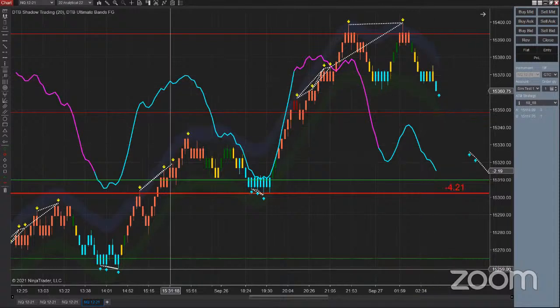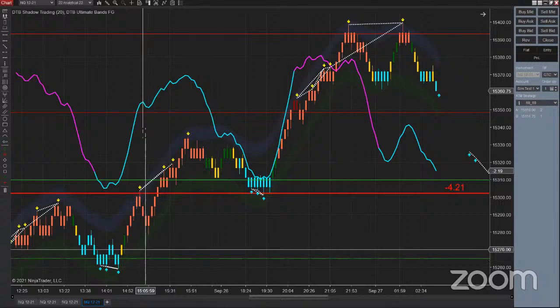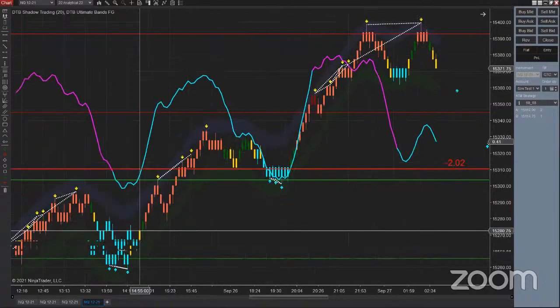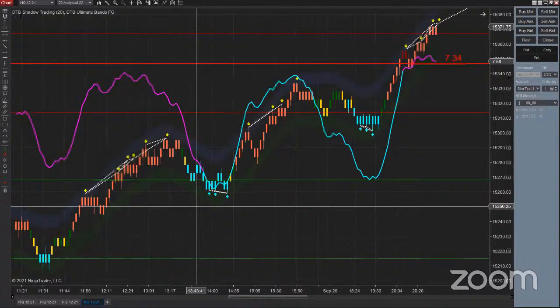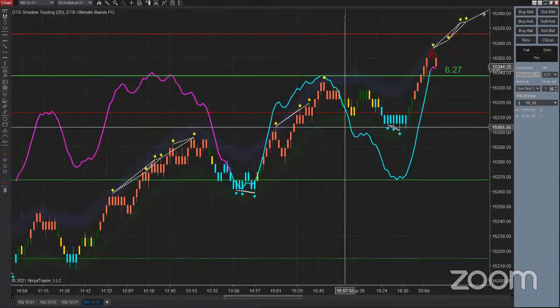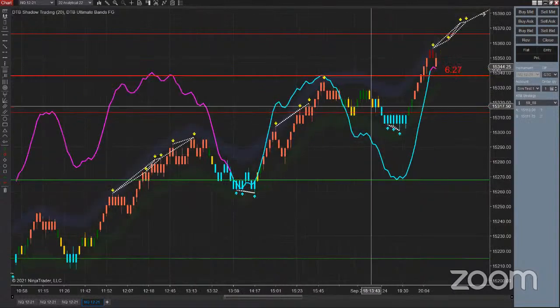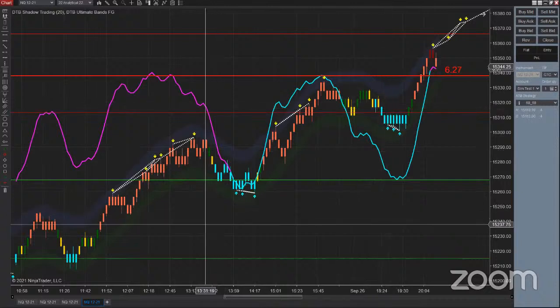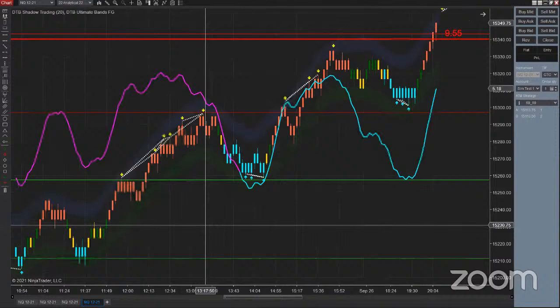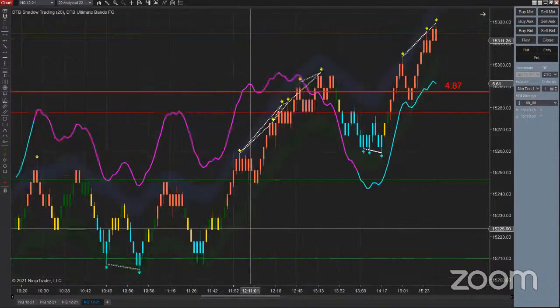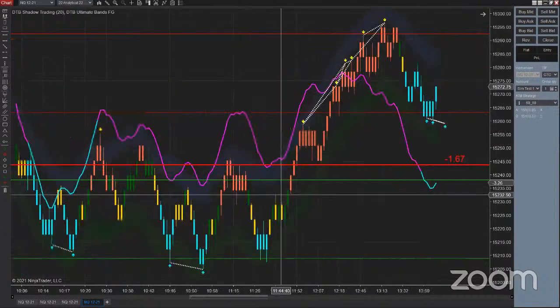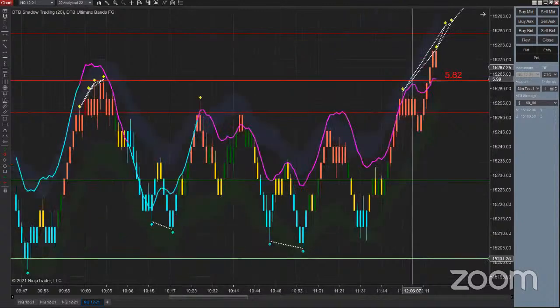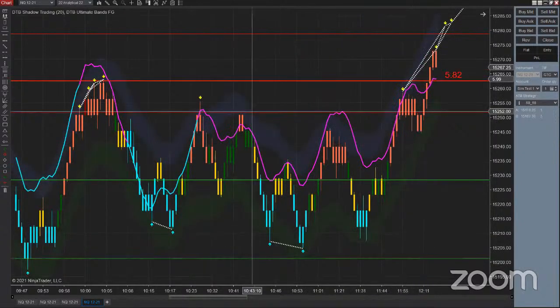So that basically means that when the price goes +3, the bars will start painting tomato. When they go -3, they'll start painting cyan. Maybe a little bit close, but that's also another way of jumping into a trade once you've got that confirmed movement of price above a certain level.